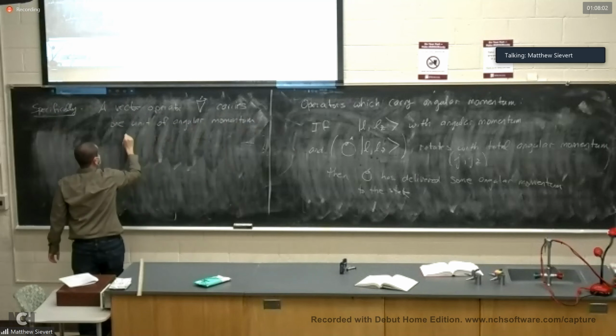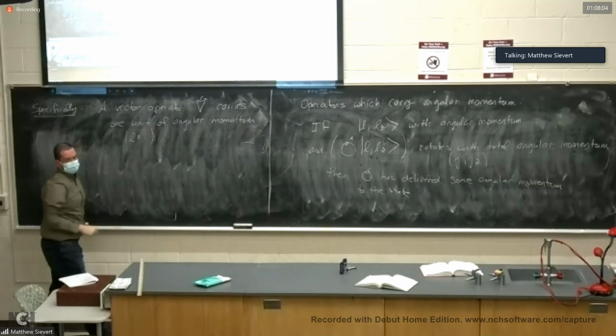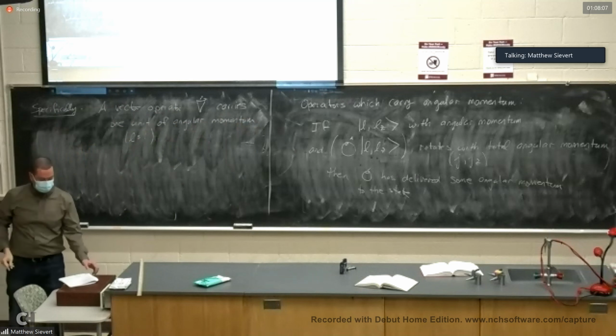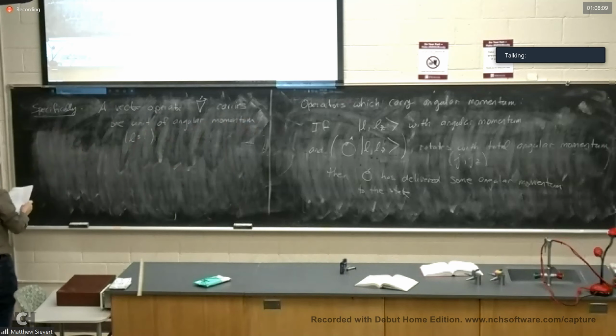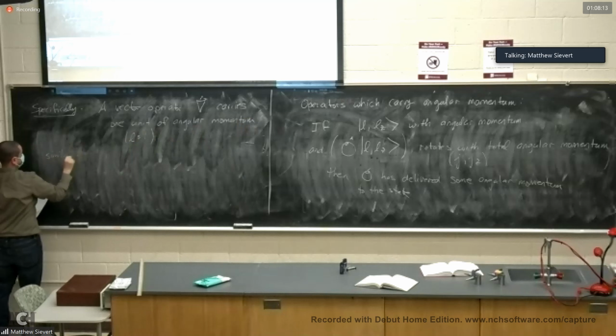So that with a vector operator, you can associate L equals 1 as if it were a quantum state of its own. This is similar to what we already saw when we discussed spin.